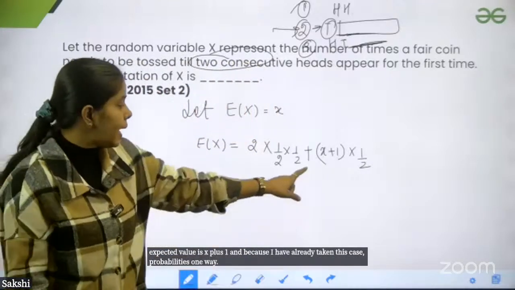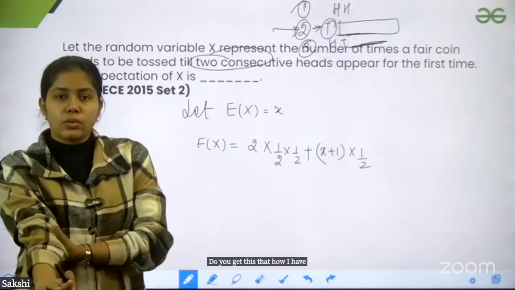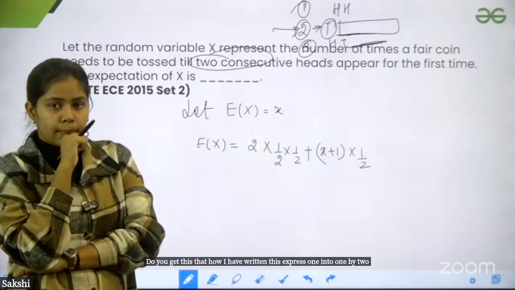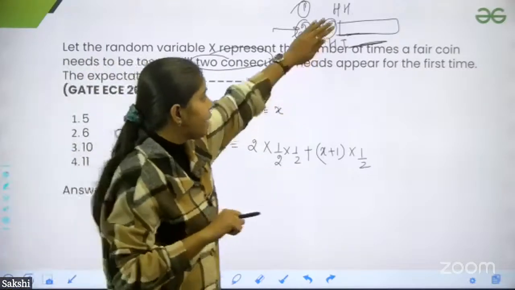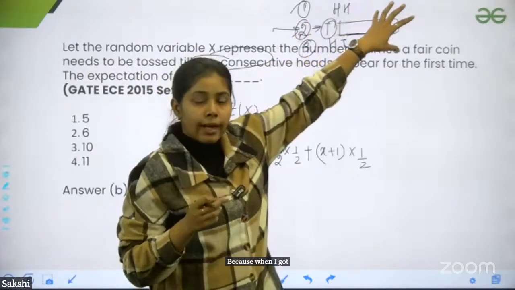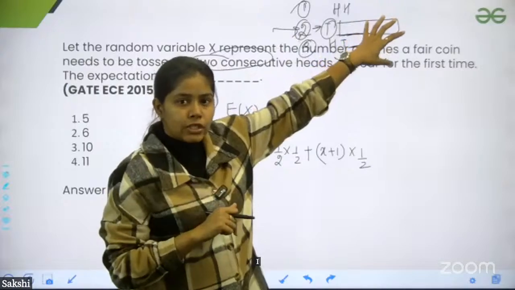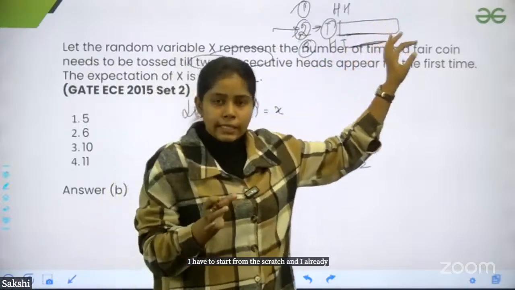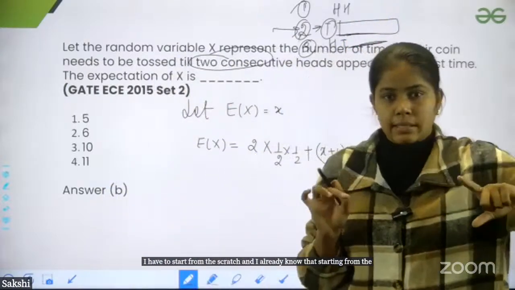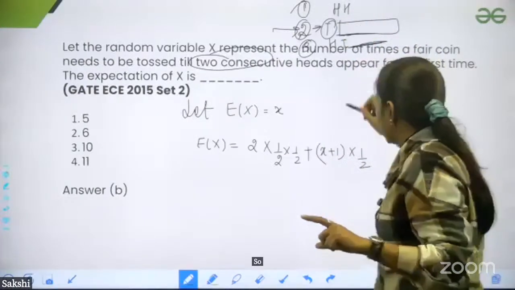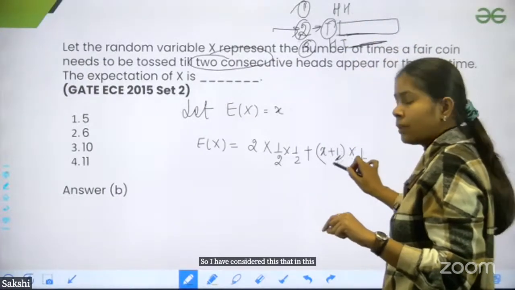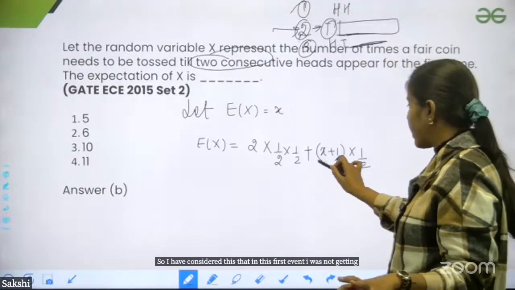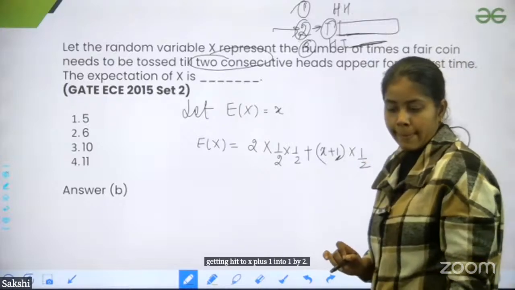Do you get how I have written x plus 1 into 1 by 2? Because when I got this tail, I have to start from scratch, and I already know that starting from scratch the expectation is x. So x plus 1 into 1 by 2.